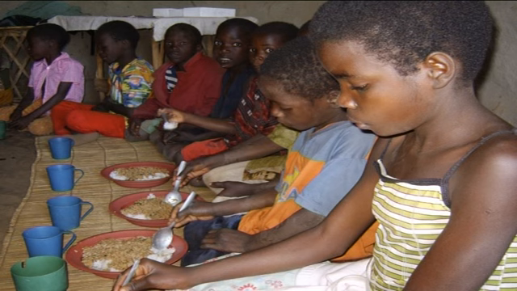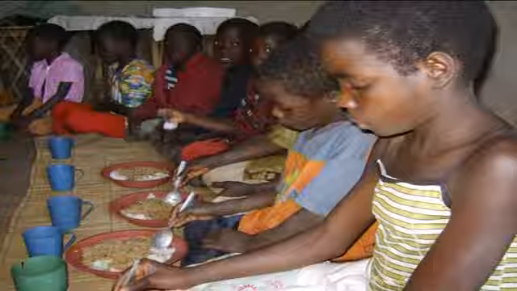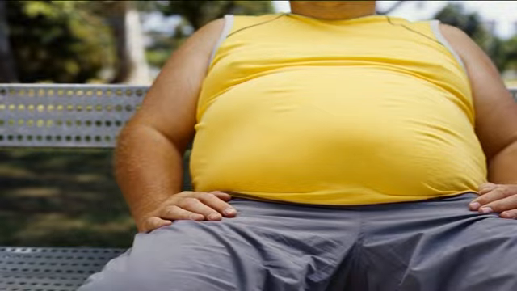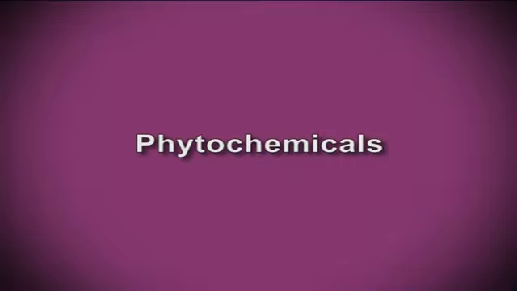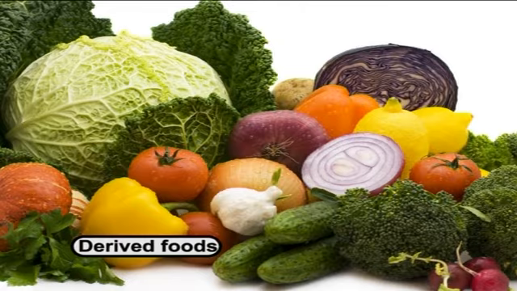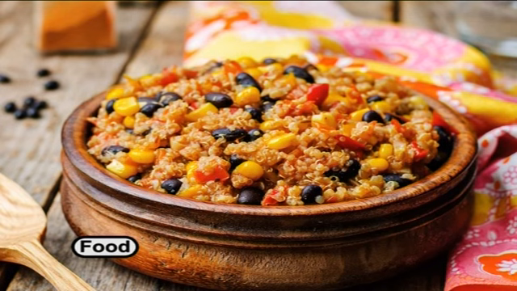Undernutrition is a state of an insufficient supply of essential nutrients, and overnutrition refers to an excessive intake of one or more nutrients. Phytochemicals. Non-nutrient compounds found in plant-derived foods that have biological activity in the body. Foods with such phytochemicals providing benefits to health are called functional foods.